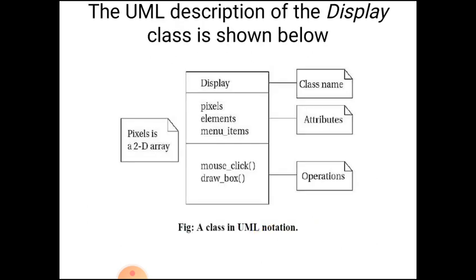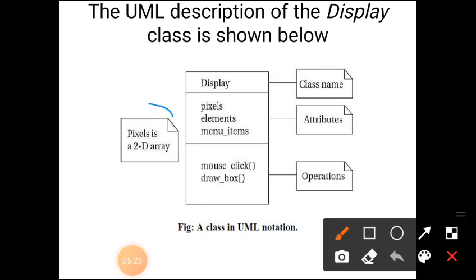This is the class representation in UML notation. Here the text in the folded corner page icon is a note. It does not correspond to an object in the system. It only serves as a comment.